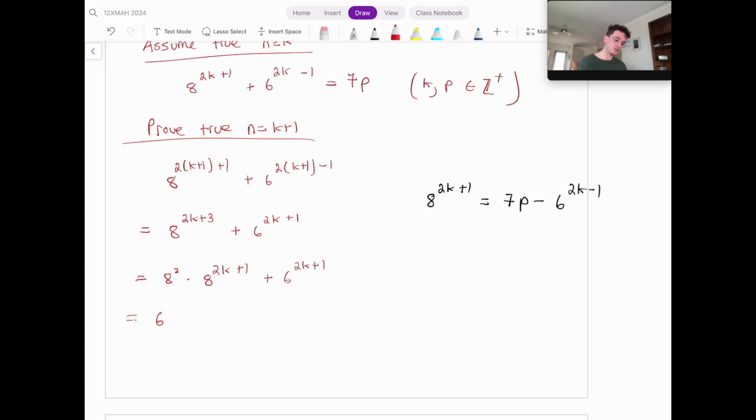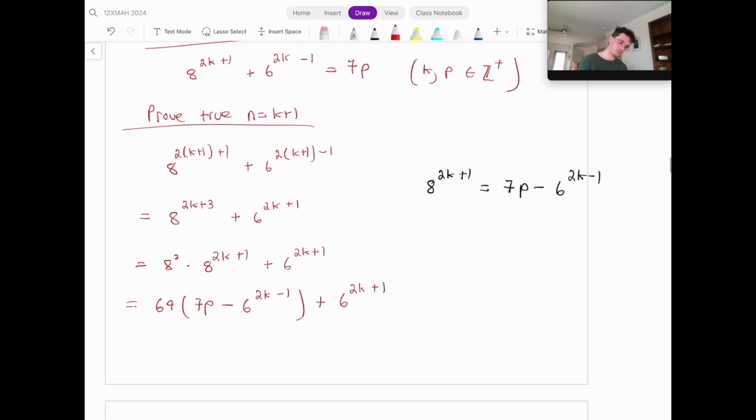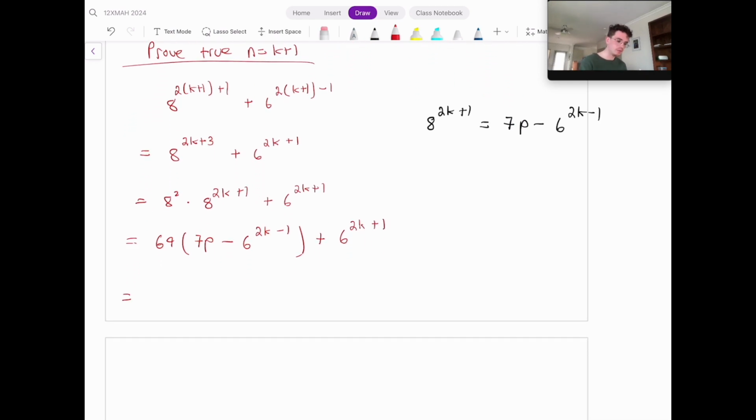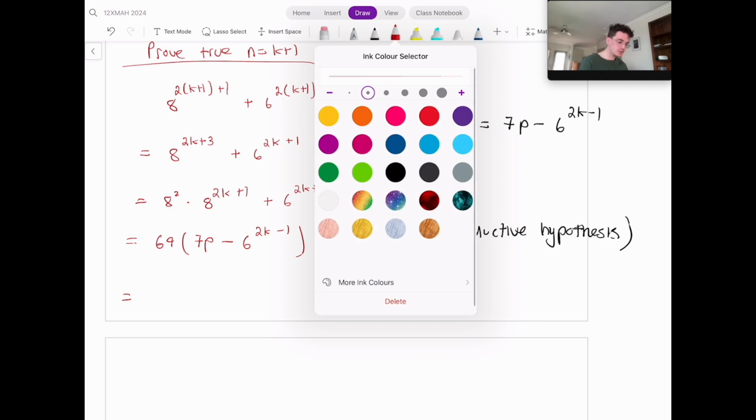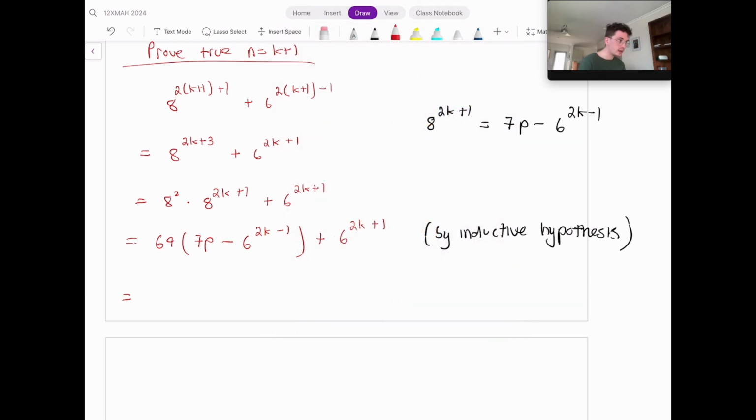So it's going to be 8 squared, which is 64, times 7p minus 6 to the 2k minus 1, plus 6 to the 2k plus 1. If we have a go at expanding that, we're going to have 64 times 7p, which is 448p, minus 64 times 6 to the 2k minus 1 plus 6 to the 2k plus 1.